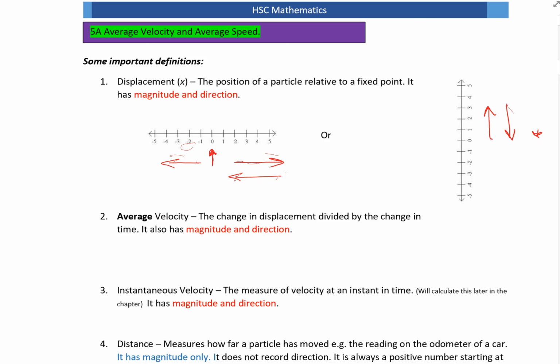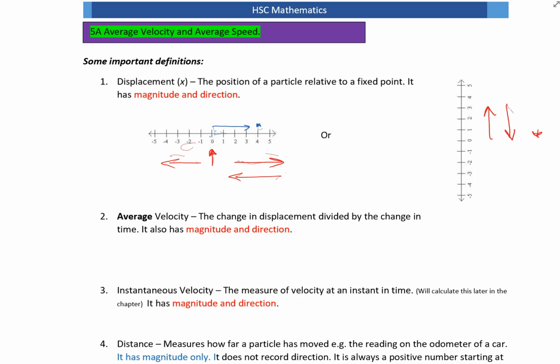Now, let's do the most simple example. They start at the origin and it goes in a positive direction and it ends up here. We would say its displacement is 4.